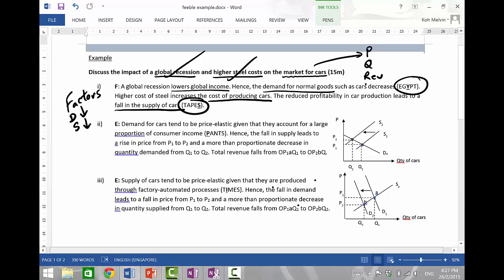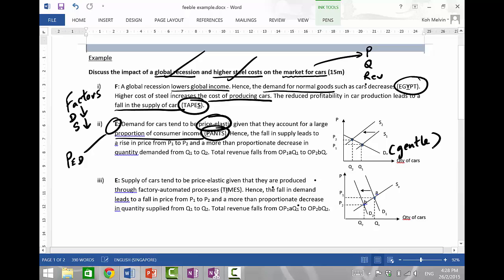After you are done with that, we need to consider step 2, elasticity of demand. Here, I say that demand for cars tends to be price elastic because it usually accounts for a significant portion of consumer income. And over here, PANTS refers to my PED acronym, which refers to the 5 factors that affect PED. So we have a gentle demand curve here. Since it's price elastic, we present a gentle demand curve.